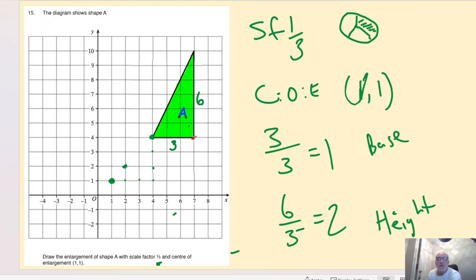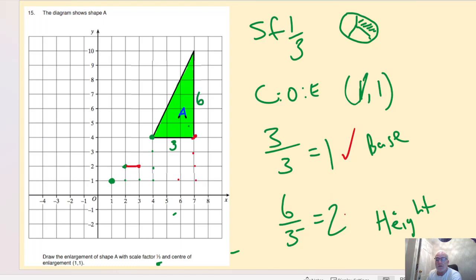Let's look at the next corner. I've got 1, 2, 3, 4, 5, 6. 1, 2, 3. So 6 divided by 3 gives me 2. So I'm going to go 1, 2, and then 1 square up. Now I think what I'm expecting it to be 1 square wide. Okay.